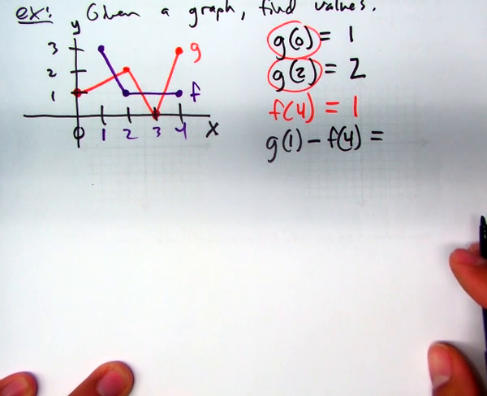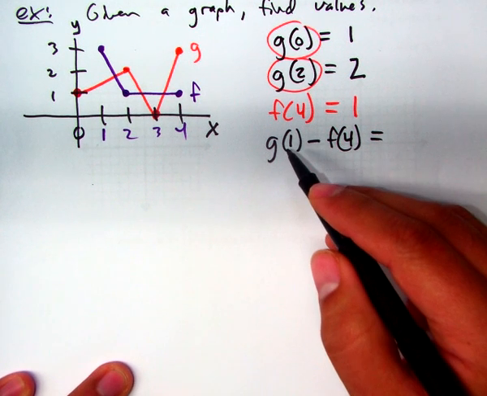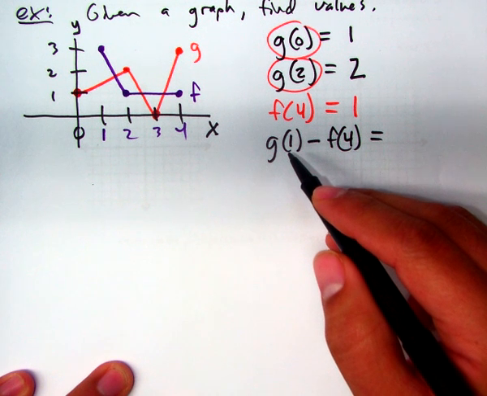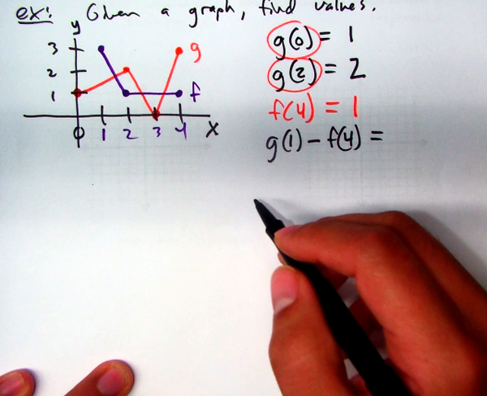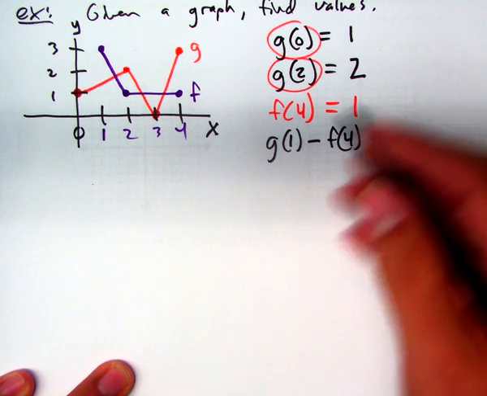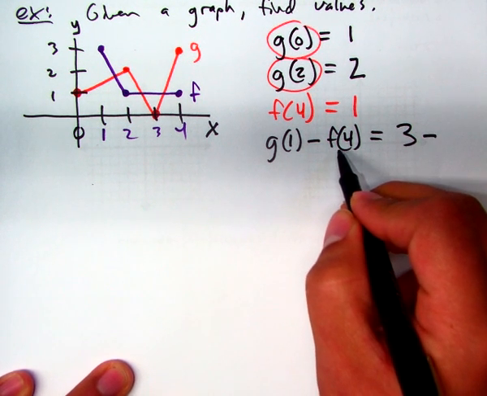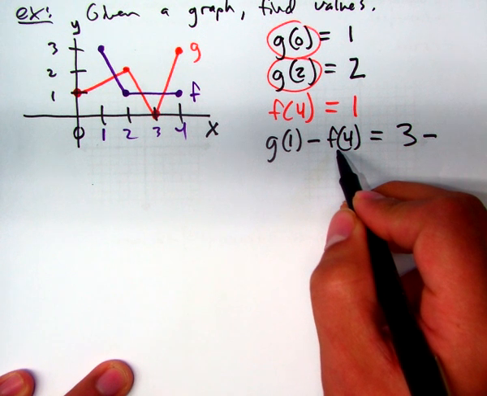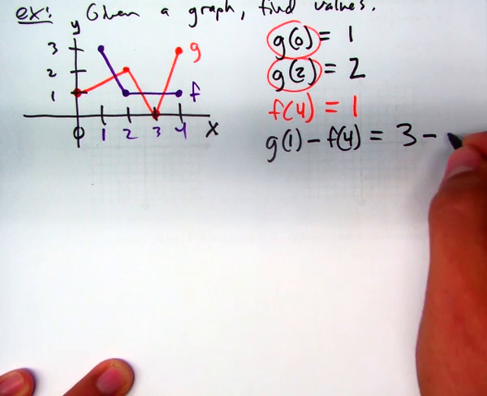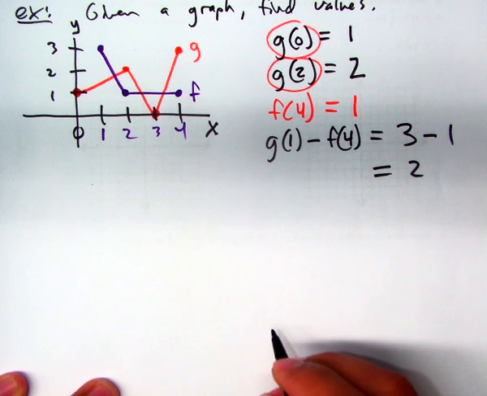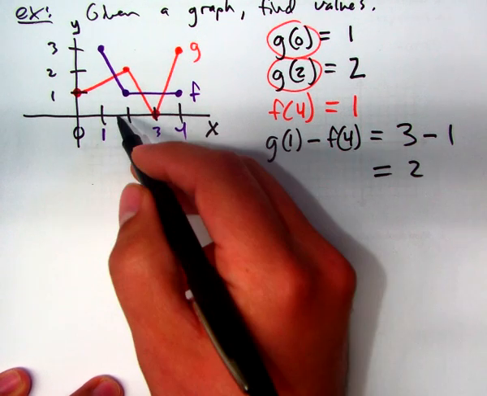All right. So Jenna, what's G of 1 going to be? G of 1 will be 2. Very good. Now, what's f of 4 going to be? Wait, how'd you get 3? G of 1.